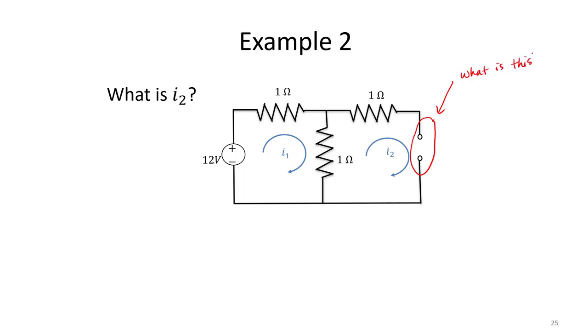What is this? This is an open circuit. How much current flows through an open circuit? It has to be 0.